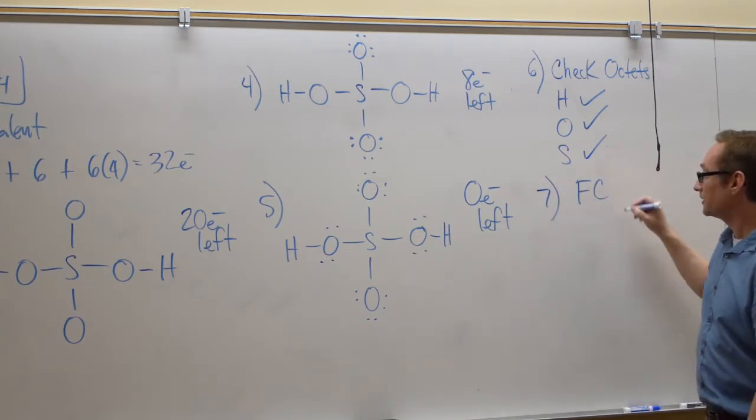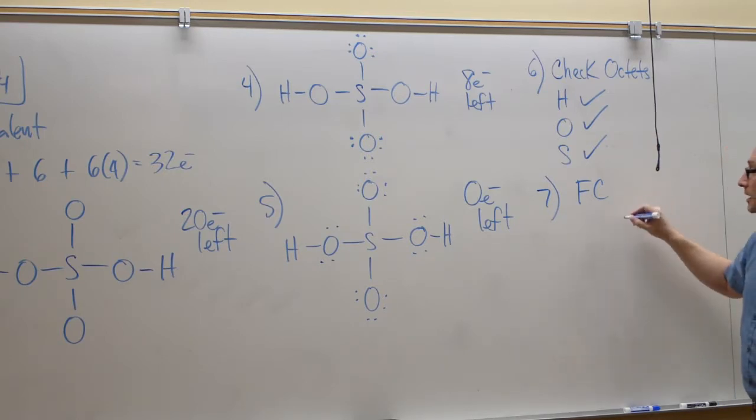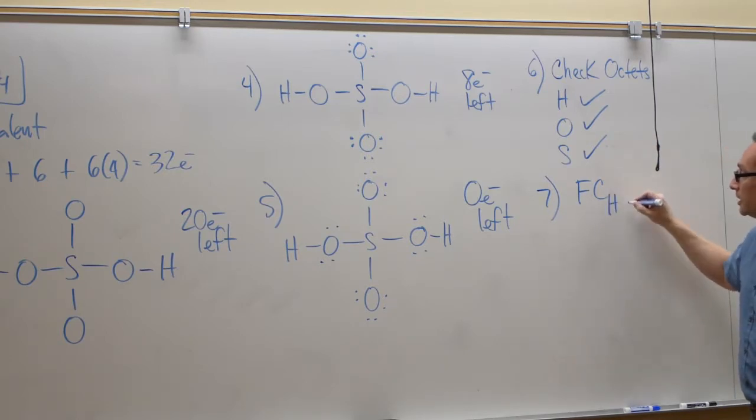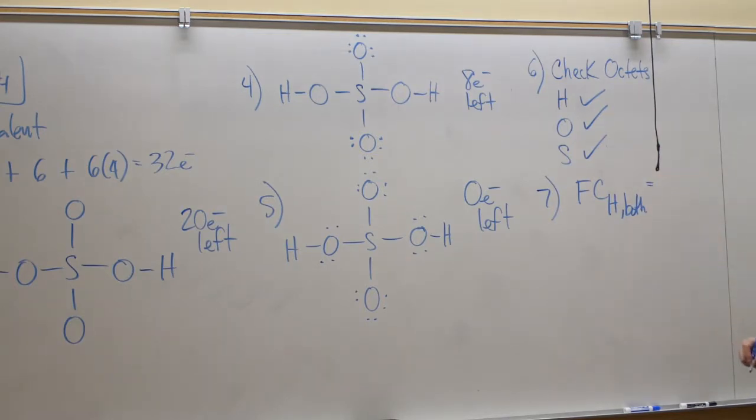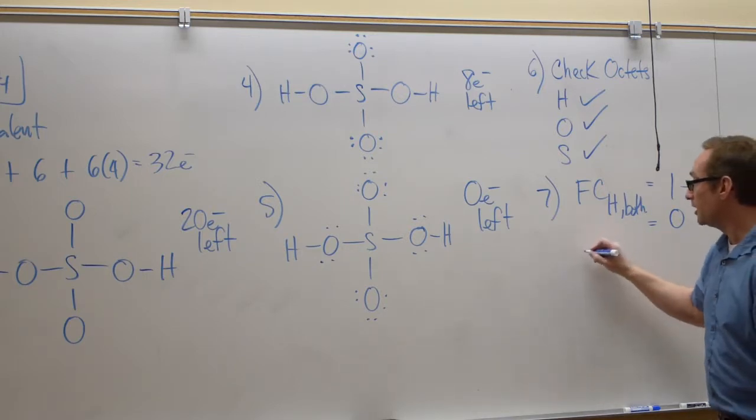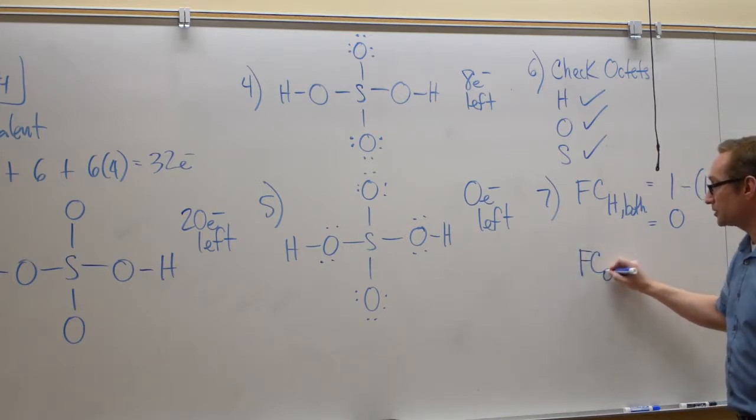So let's just check the formal charge. Formal charge of both hydrogen atoms. What does that come out to be? Group number 1 minus 1 bond plus 0 lone pairs. Okay, and so that gives us a formal charge of 0 for both hydrogens. What about formal charge for the oxygens?